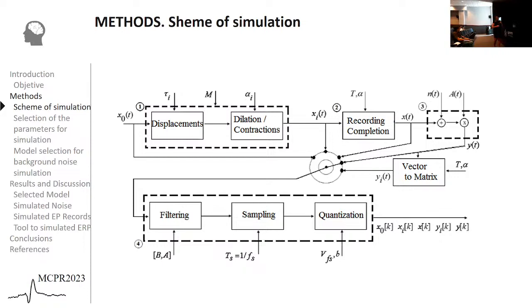The third block is for adding additive noise and multiplicative noise. In the fourth block, we consider the different characteristics related to filtering, sampling, and quantization.